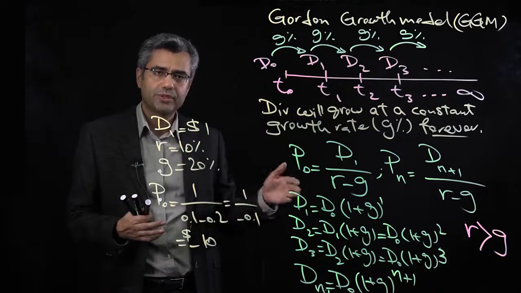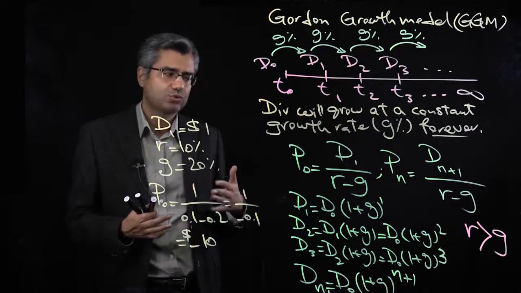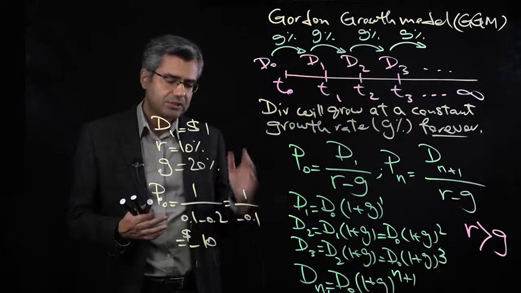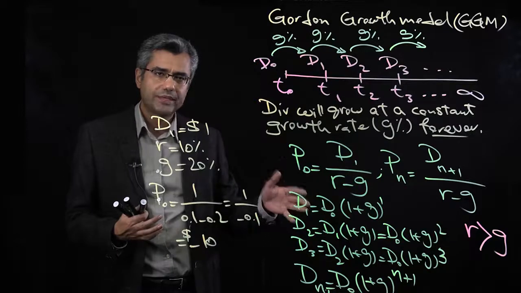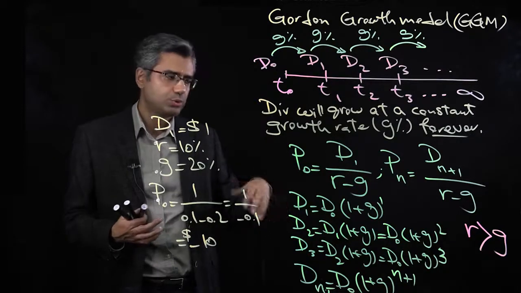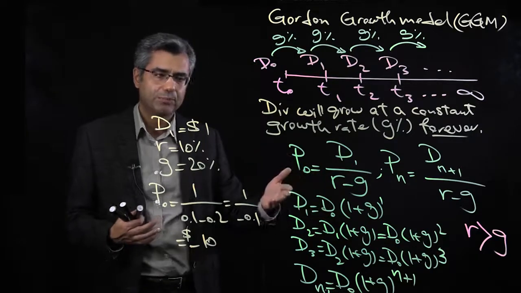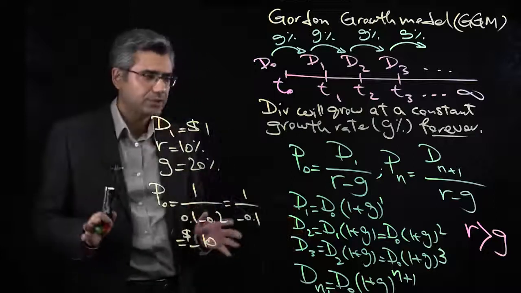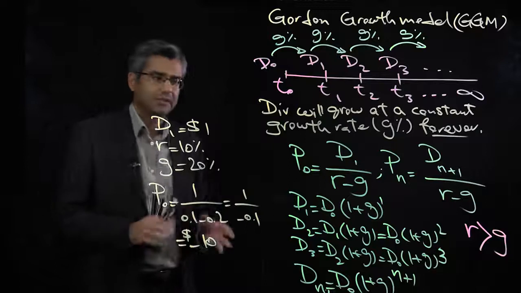So for the first few years, when the growth rate is higher than the required rate of return, we just discount the cash flows one by one, and then after a few years, when the growth rate has dropped below R, we will apply the formula. But as I said, it's not in the scope of this subject. So in this course, we assume that R is greater than G, and greater by enough.